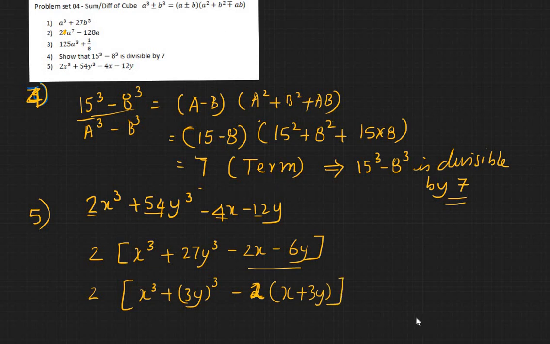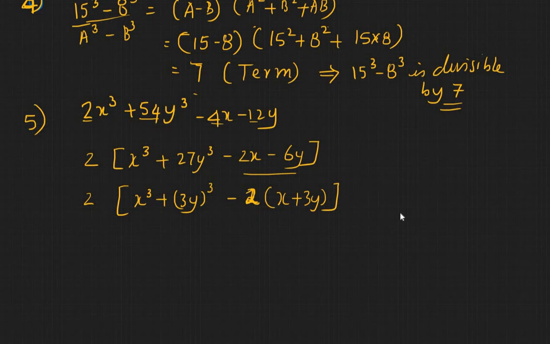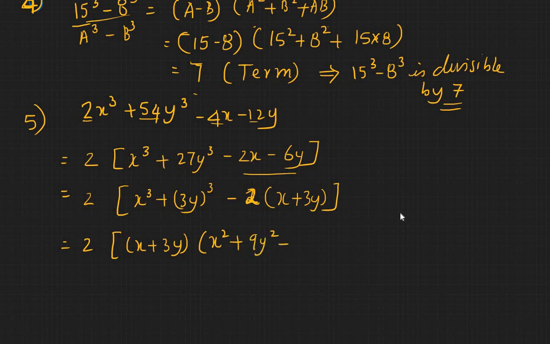So now it looks really familiar. This is of the form a cube plus b cube, so that would be x plus 3y into x squared plus 9y squared minus 3xy, and you have here minus 2 into x plus 3y.